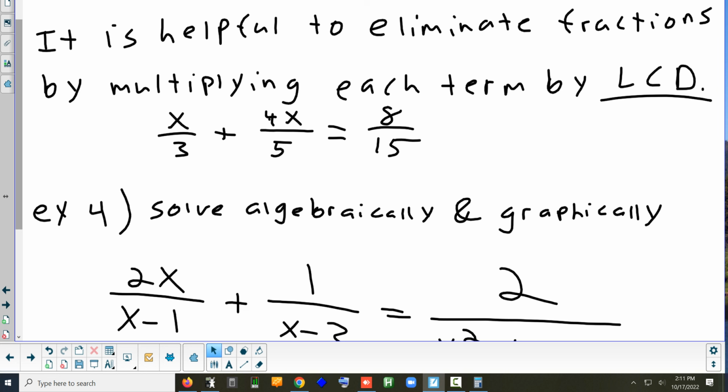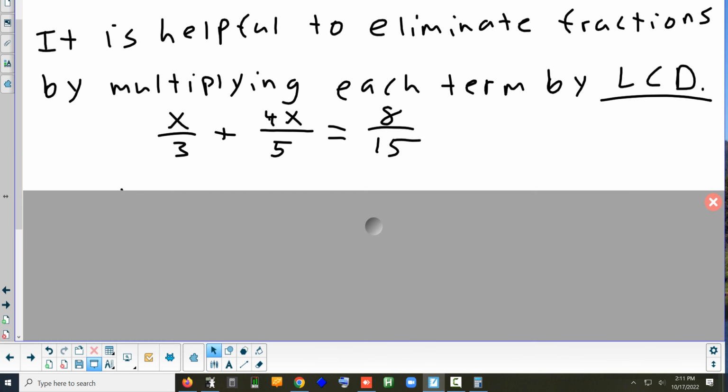That's not a hard problem to solve if it wasn't fractions. It's pretty straightforward. It's the fractions that are messing us up. So what you want to do is look at all three of your denominators and find the smallest number that 3, 5, and 15 divide into. 15. So in this particular problem, you'd multiply everything by 15.